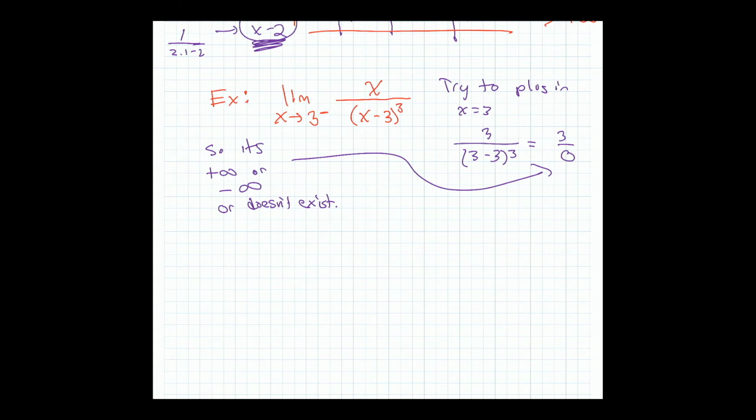Now, if it's a one-sided limit, then this is not a possibility, actually.